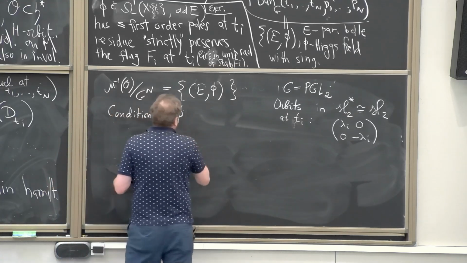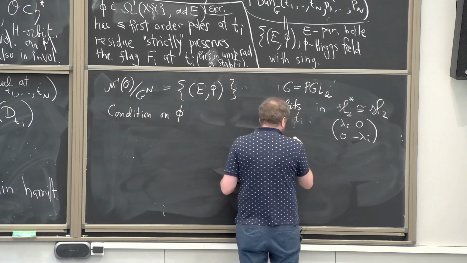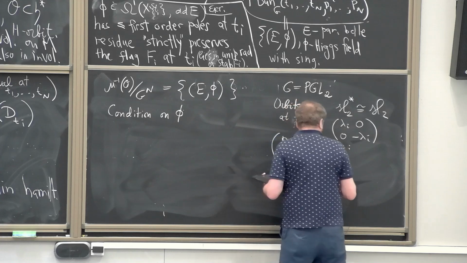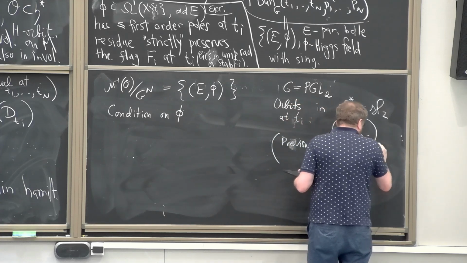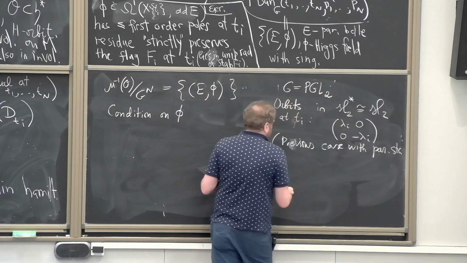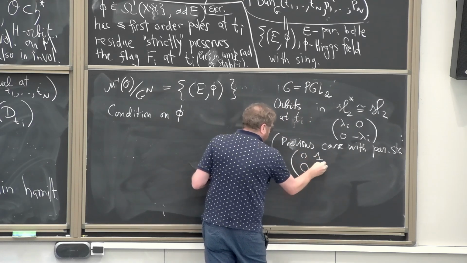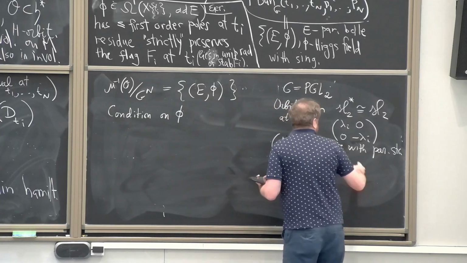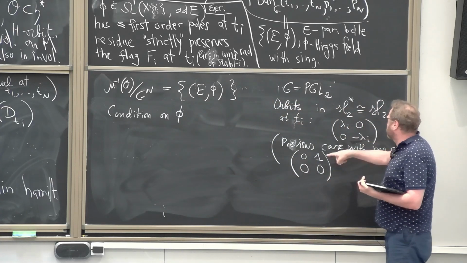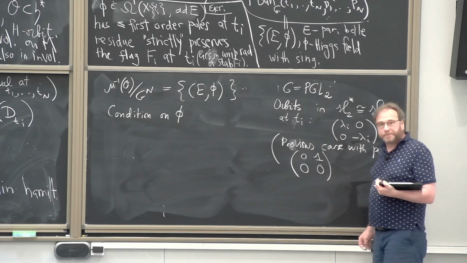So then the condition on phi will change. The previous case also corresponds: you can check that the previous case with parabolic structures, the ordinary Hitchin case, corresponds to fixing the orbit of a nilpotent element, which is a limit of such things. If you put 1 here, it's the same conjugacy class, and it goes to this when lambda goes to 0.